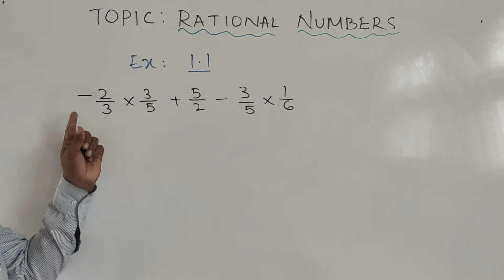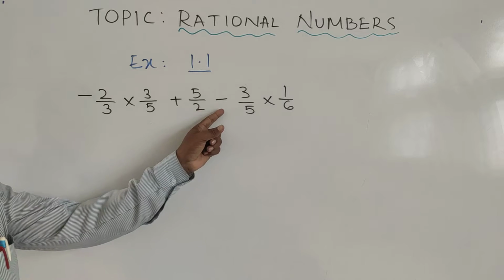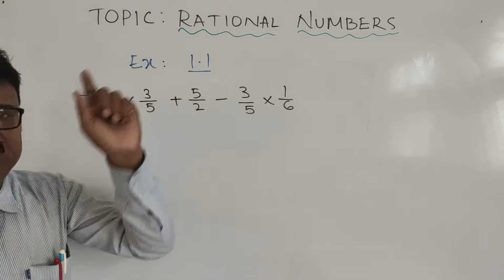Very simple. Minus 2 by 3 into 3 by 5 plus 5 by 2 minus 3 by 5 into 1 by 6.